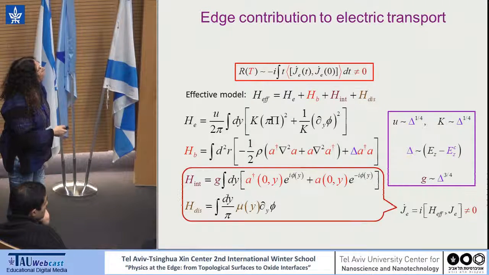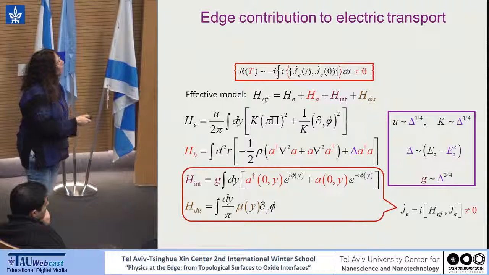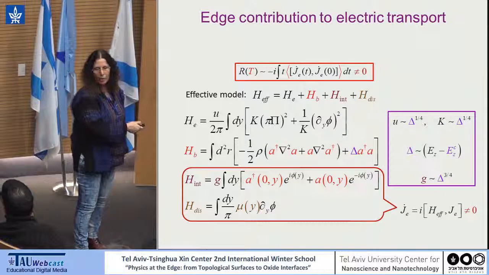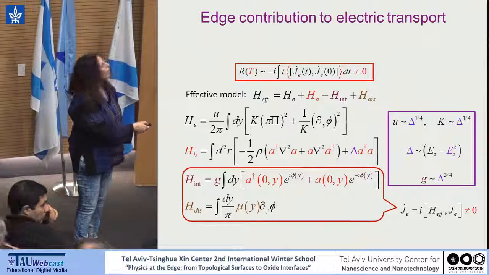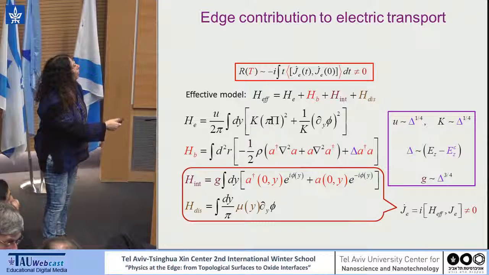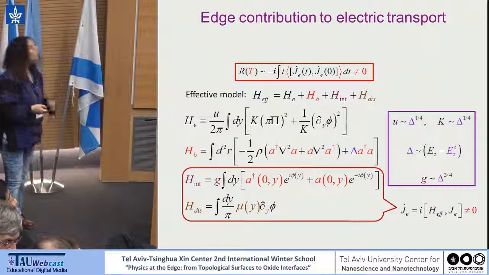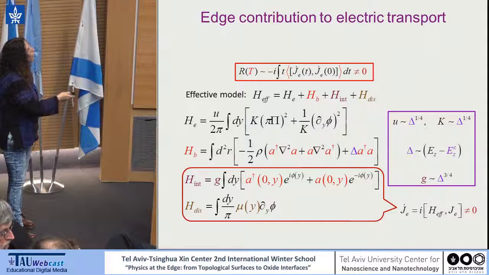And the one important thing I want to stress is that all the parameters of the model encode the proximity to the phase transition. So there is some energy scale that goes to 0, and that's the thing that makes all the parameters encode the critical properties of the bulk, essentially.